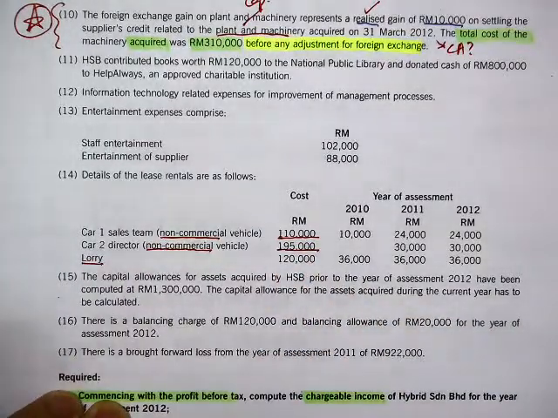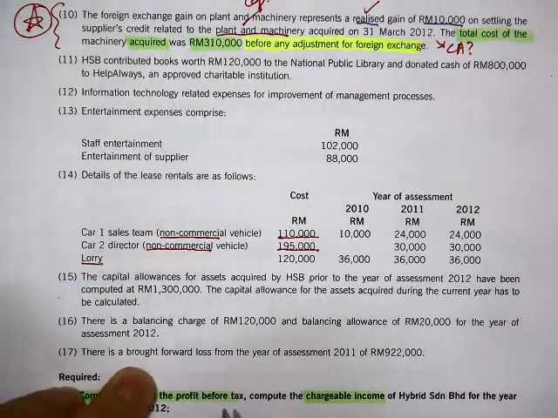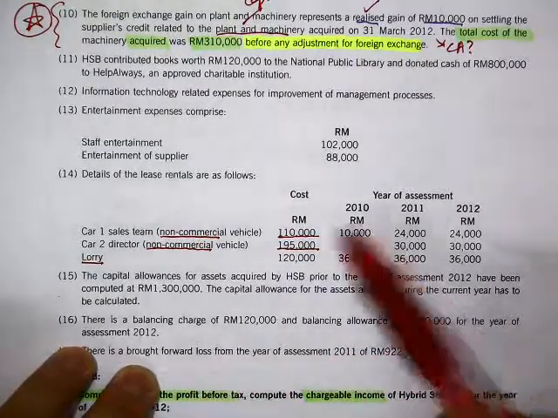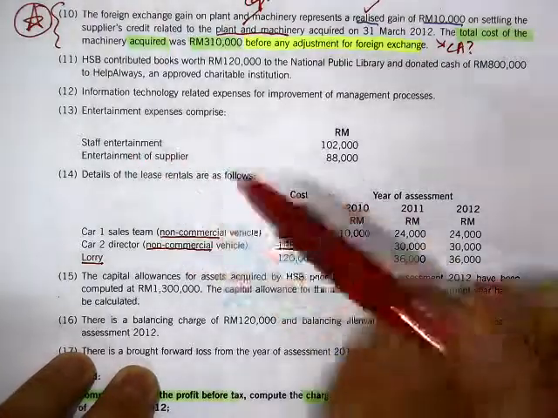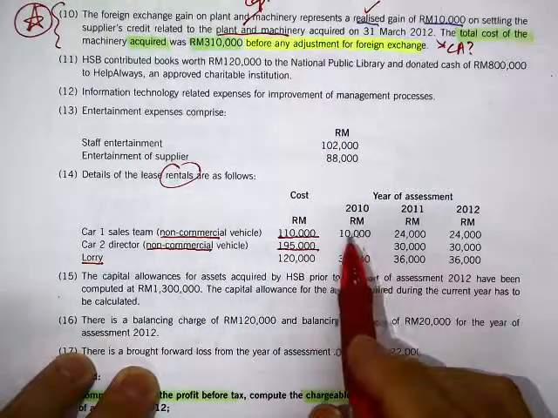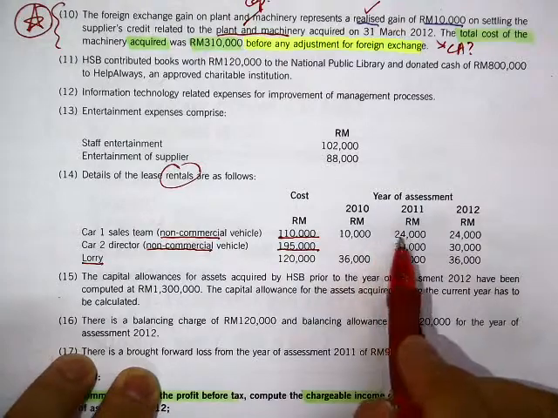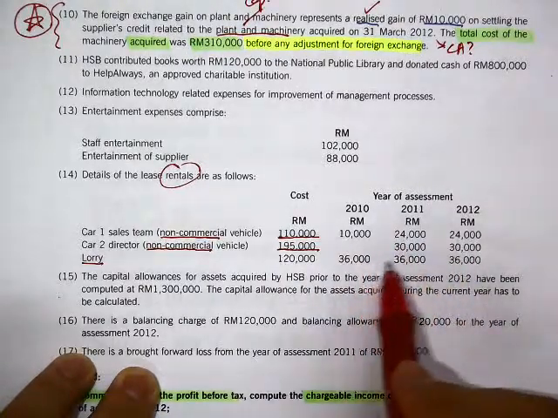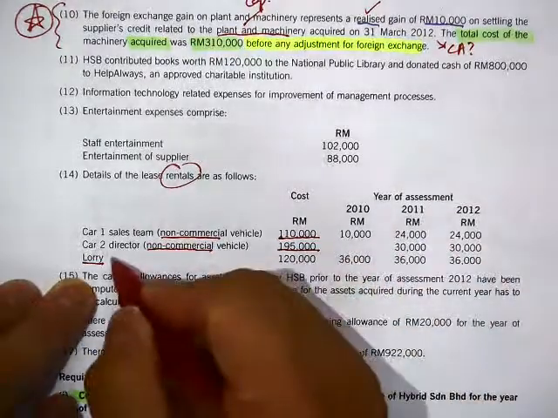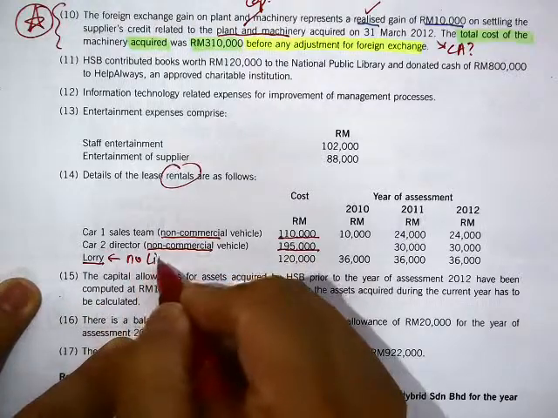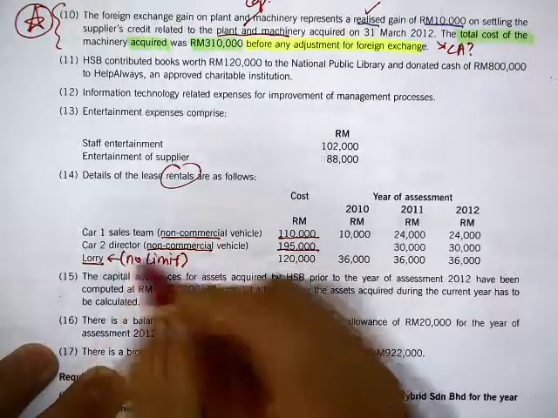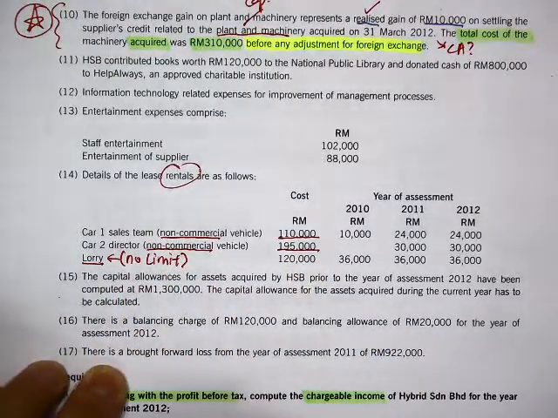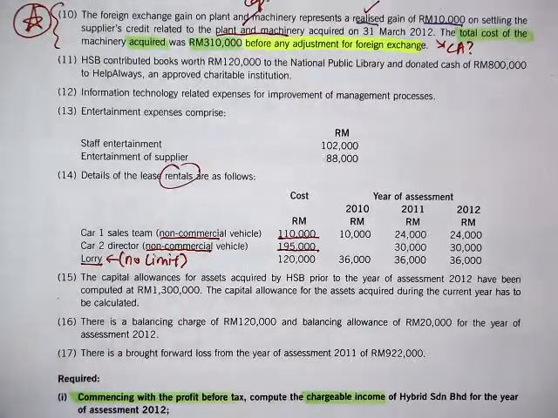Lorry is commercial. They've given us the rentals that you've charged for the past 3 years: 10, 24, 24, 30, 30, 36, and so on. If it's commercial, there is no limit. Agree? Okay, so car 1, will there be a limit?